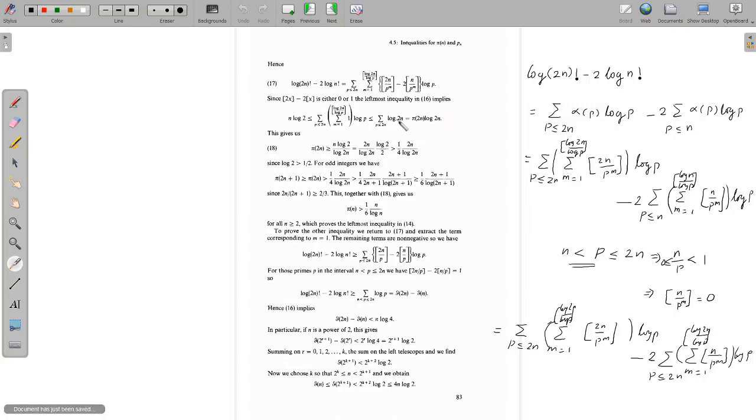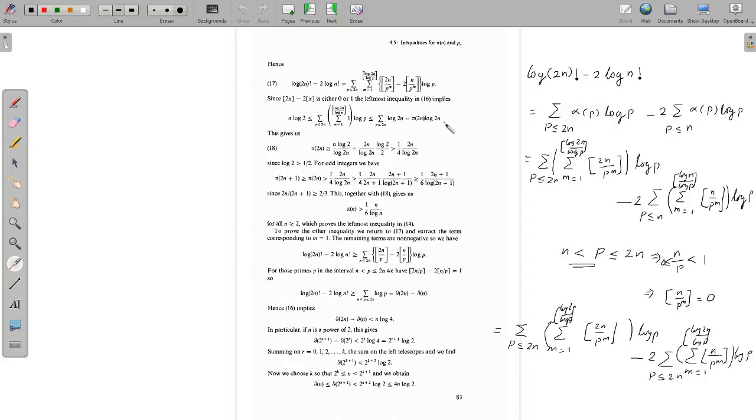Okay, this is because this is independent of p, so this is log 2n plus up to the primes which are less than or equal to 2n. So this contains always the number of primes between 1 and 2n times. Okay, so this is pi of 2n, that is the number of primes less than or equal to 2n.